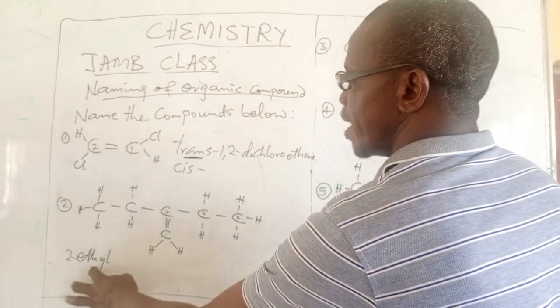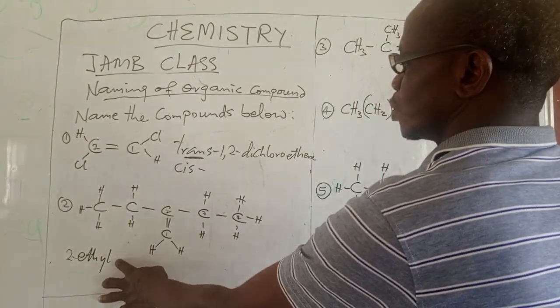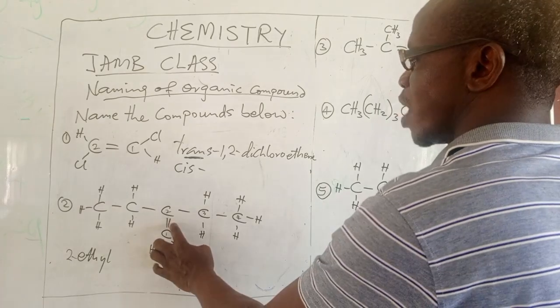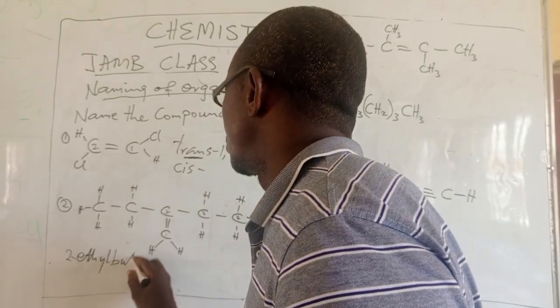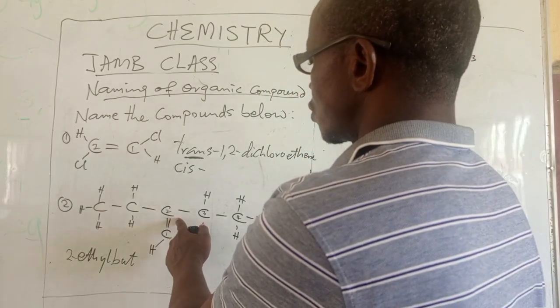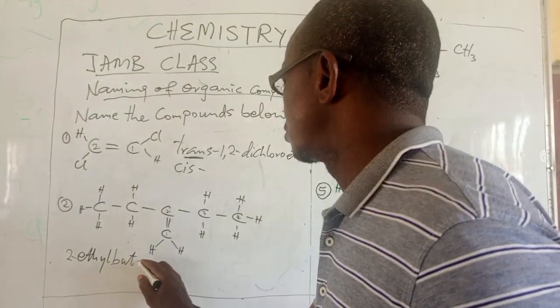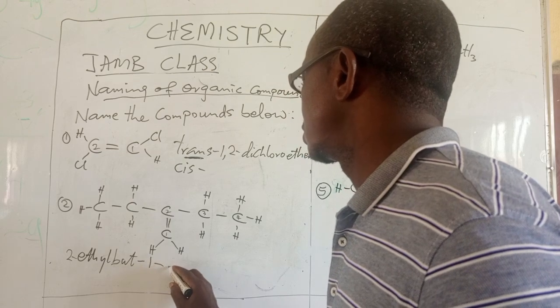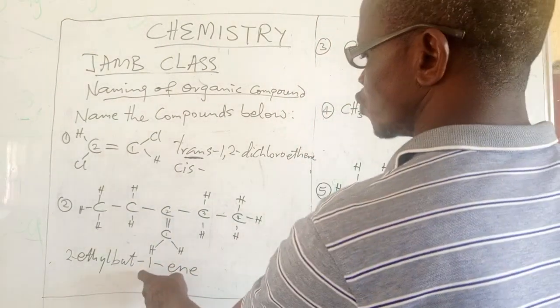But. 2-ethyl, good. So let me put the but first. But-1-ene. Where do I get the 1-ene?